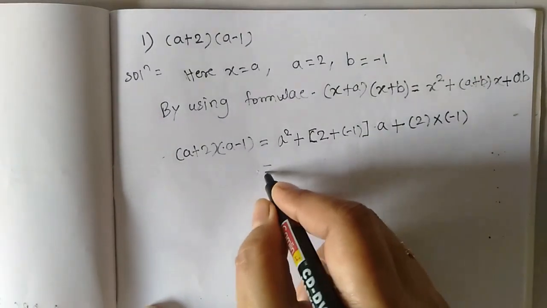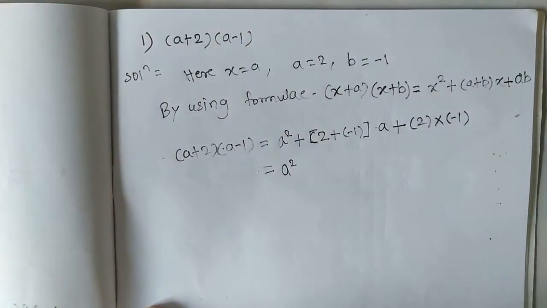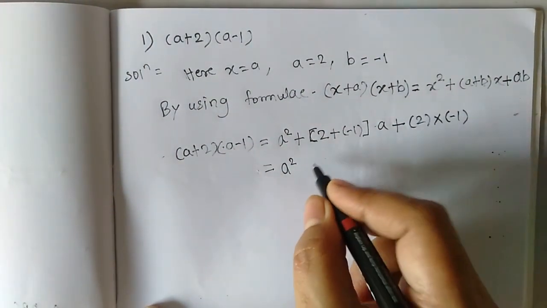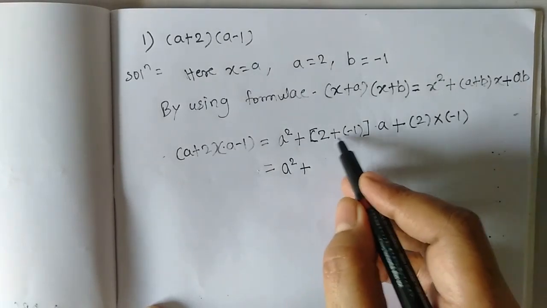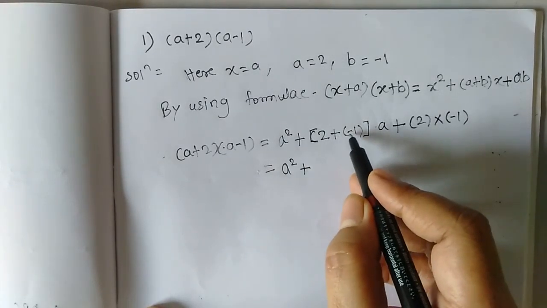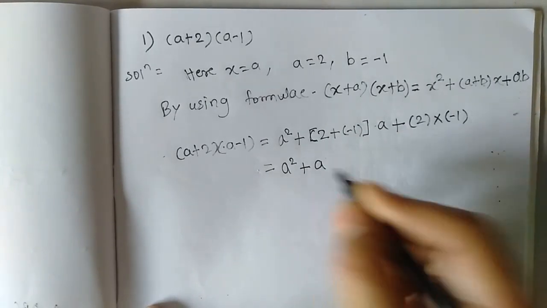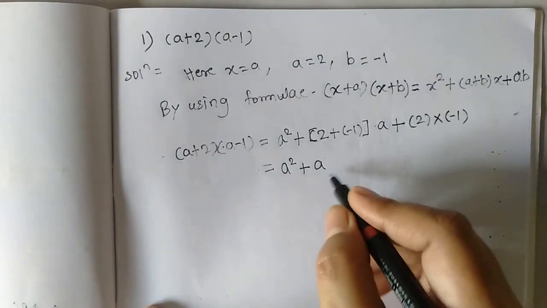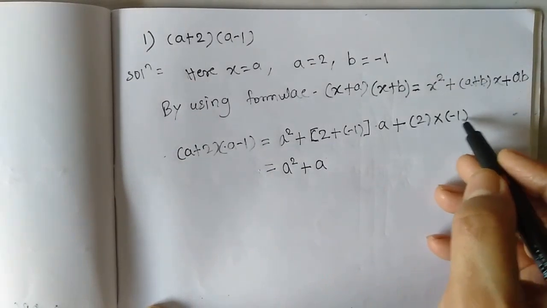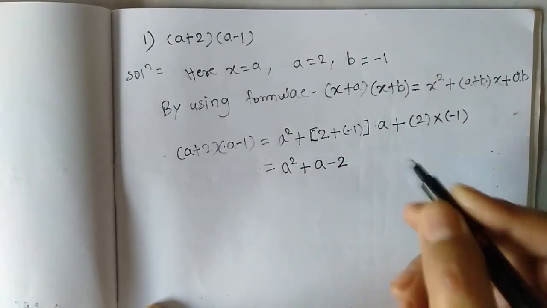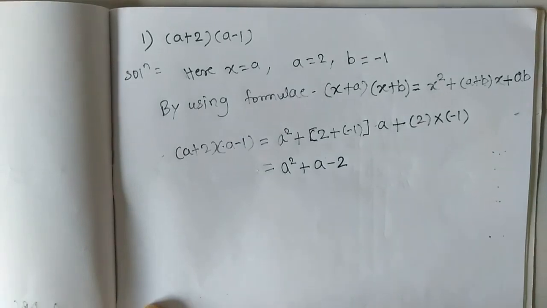So a square as it is, plus 2 plus minus 1 means take the subtraction here: 2 minus 1, 1 into a is a, no need to write down the 1. 2 into minus 1 is minus 2. So this is the answer.